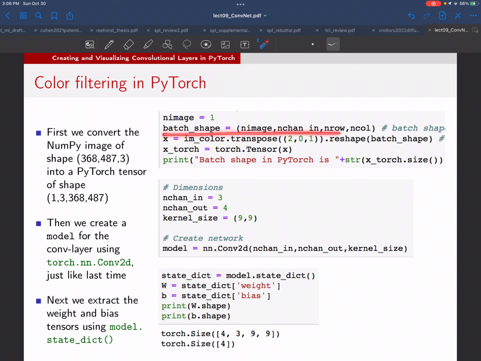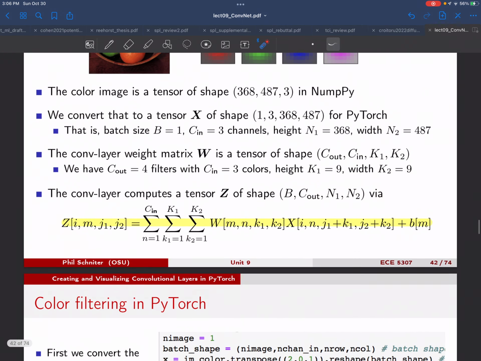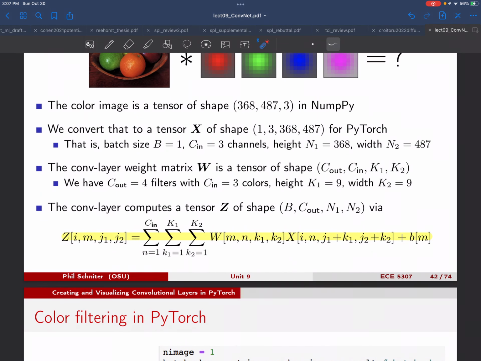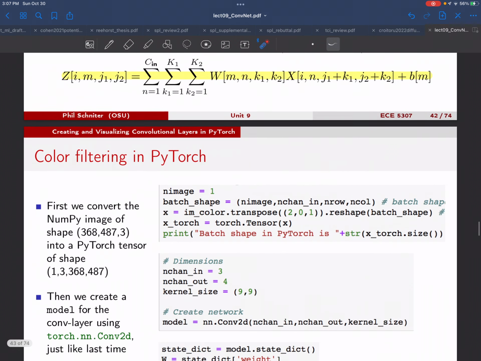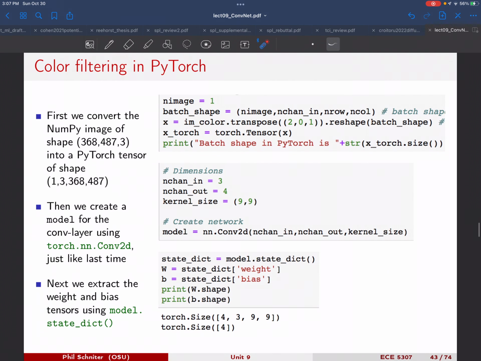The batch shape, the shape of that tensor for PyTorch, we know has that format. These variables, number of channel inputs, number of rows, number of columns, were previously set. I guess we're not showing that code, but they were previously set in the code.